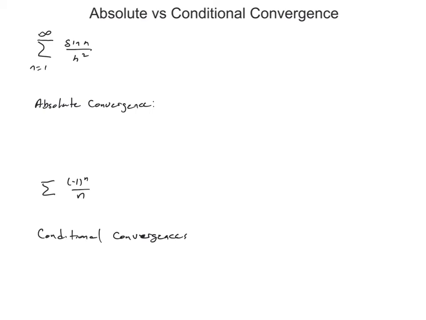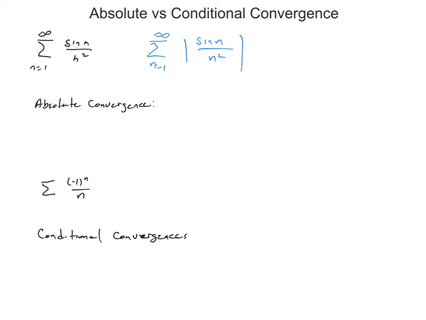But what we can do is take a look at the series n equals 1 to infinity of the absolute value of sine n over n squared. Why is that helpful? Well, the sine of n doesn't alternate, it changes sometimes between positive and negative values, but we do know it's bounded.